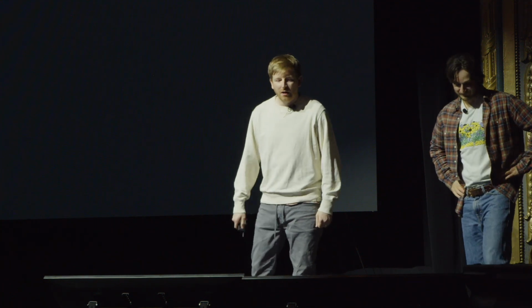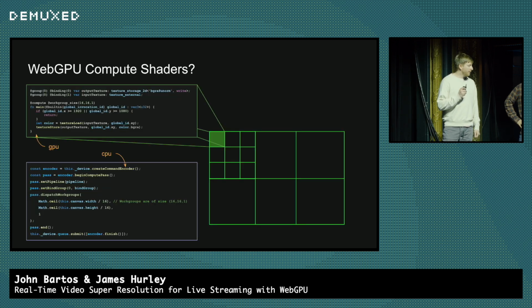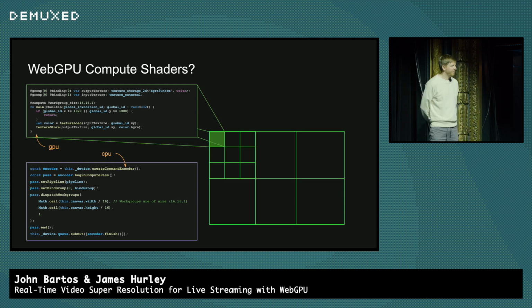All right, I'm going to talk a little bit about how we did the compute shaders and how we do our video frame processing with WebGPU. So first of all, what is a compute shader? Not everybody here might be familiar with it. These are small programs that run on the GPU, and these are invoked as many, many threads within a work group that's dispatched by the CPU.